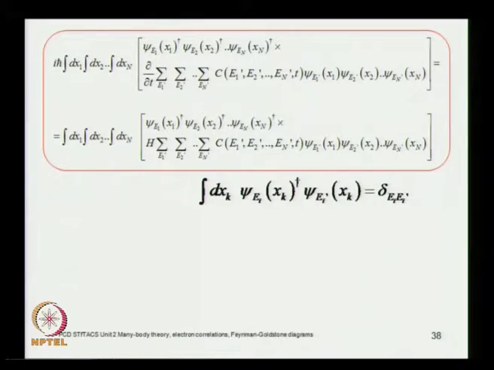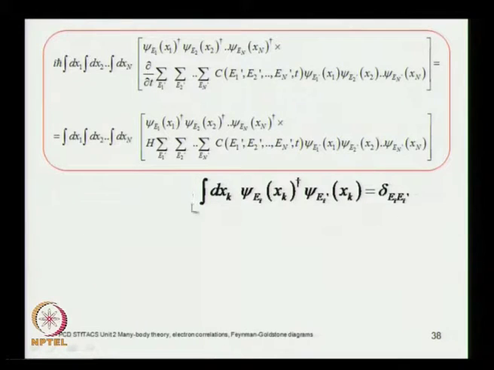So, in general it is a delta function, and whether this is a Kronecker delta or a Dirac delta can be plugged in according to the context. In general we will simply use it as a Kronecker delta, but in general it could include the continuum states as well.